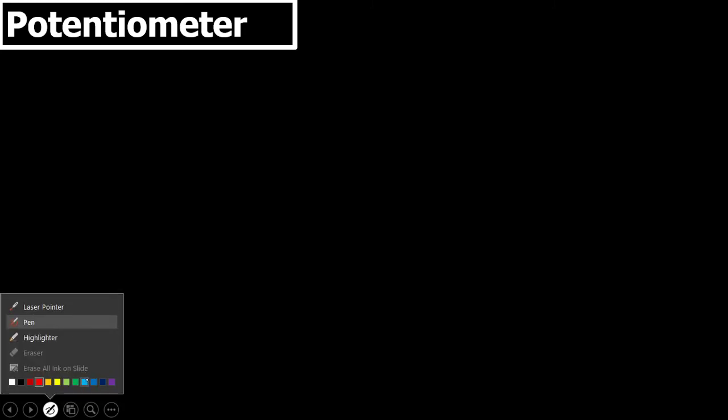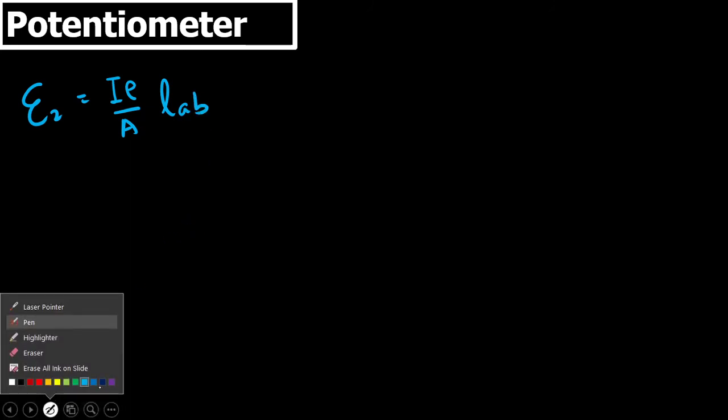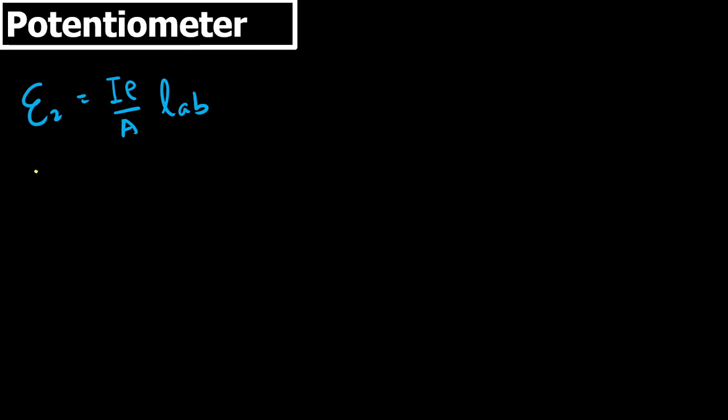Now let's have a look at what we have. I'm going to use blue. We first have epsilon 2, which is the known one. For the known one, I have I rho over A, L_AB. And then I have the second one, I'm just going to use yellow: epsilon 3 is equal to I rho over A, times L_AC.